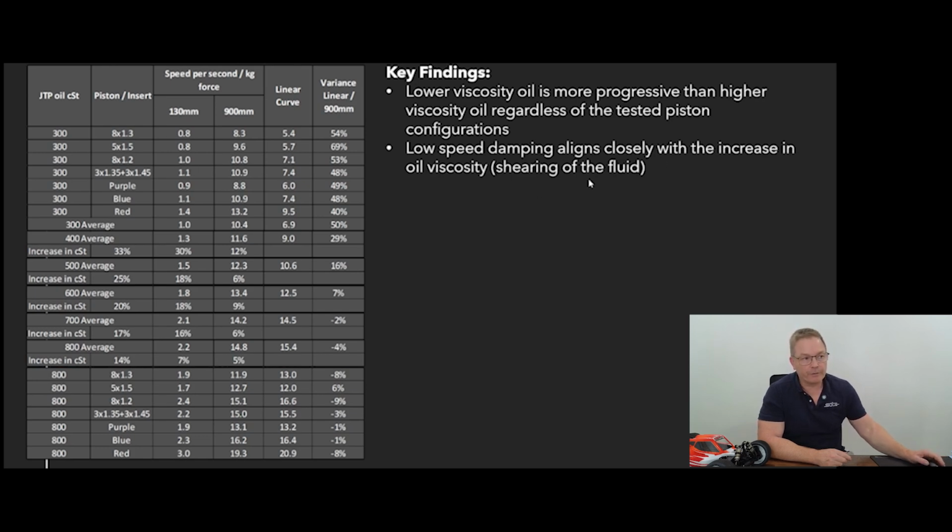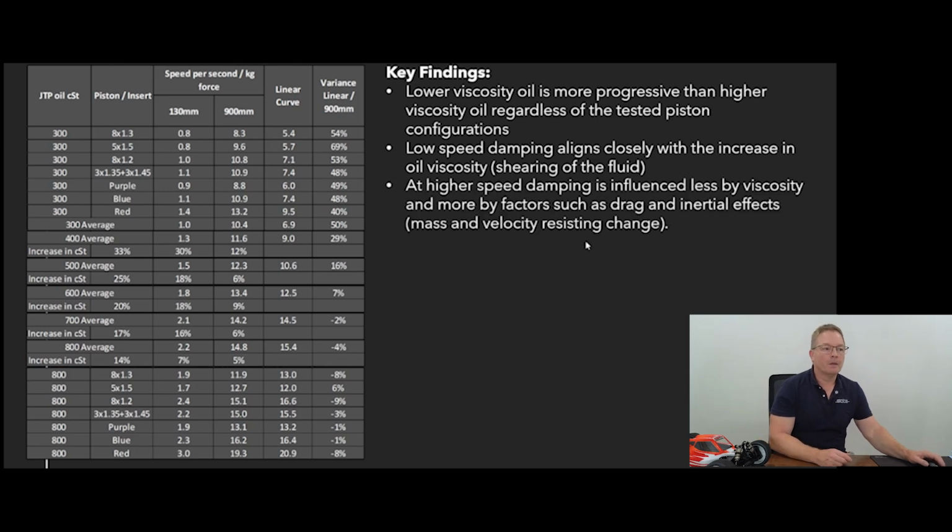So the shearing of the fluid at high speed is still there, but there are other things at play. As I said before, you've got drag, you've got inertia, so you've got the fluid itself, the mass times velocity squared. You've got actual momentum and the fluid's resistance to move.